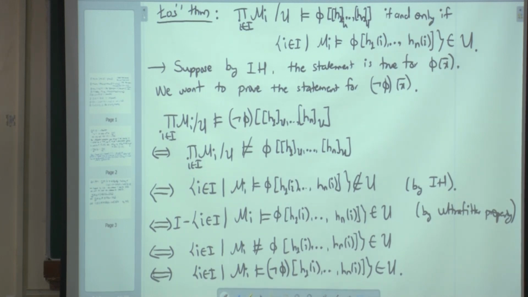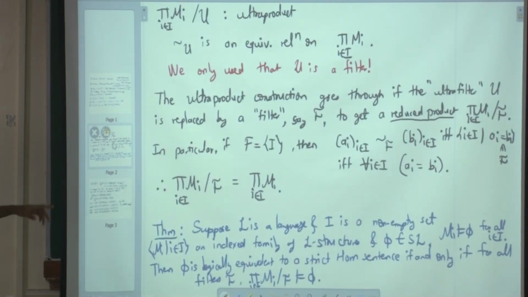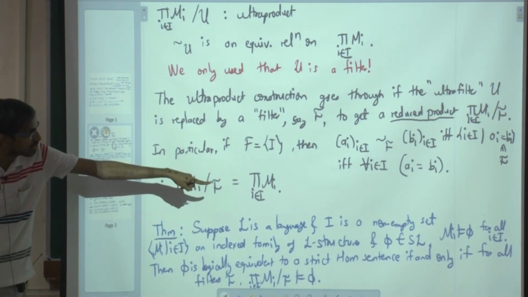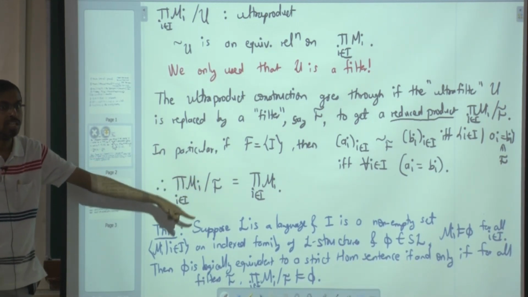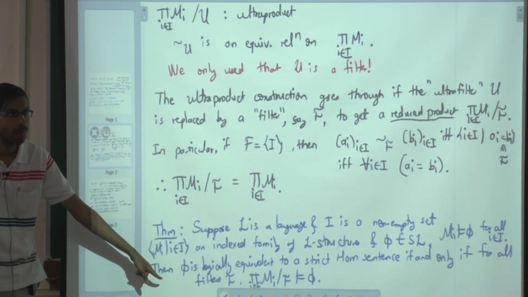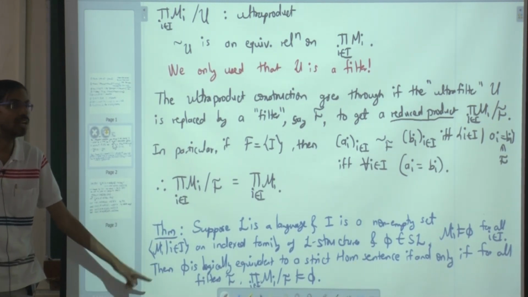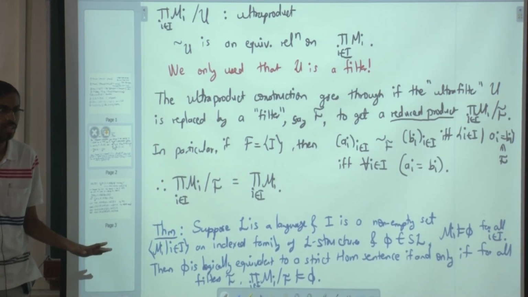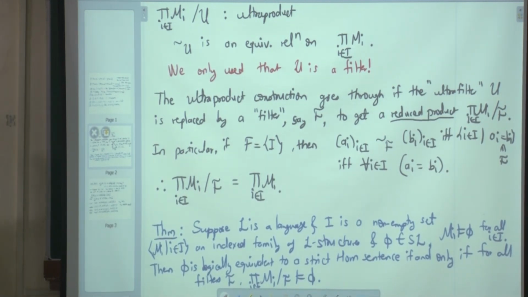But we just saw on the previous slide, to contrast that, even if all of the structures satisfy phi, the reduced product may not satisfy it unless it is a very particular type of sentence. It is a strict Horn sentence. Okay, so that's why R cross R is not a field. Yeah, and we had to work hard to get hyperreals by quotienting out by an ultrafilter.